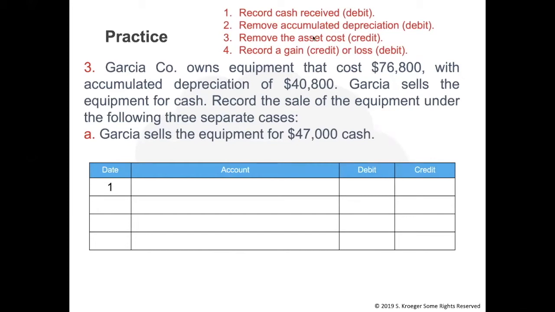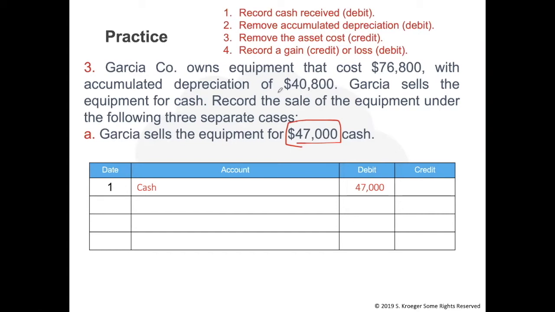The first step is to record the amount of cash received by doing a debit. How much cash was received here when they sold it? $47,000 in cash. We'll put a debit for $47,000. Step 2, remove the accumulated depreciation by doing a debit.